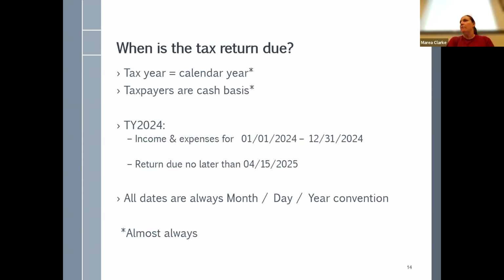And it makes sense because all of our reporting systems like W-2s and such are based on that kind of calendar year cash basis reporting. For this coming year, for tax year 2024, it's going to be all income and all expenses from January 1st through December 31st, 2024. The returns are going to be due no later than April 15th, 2025. And dates are always month, day, year convention.